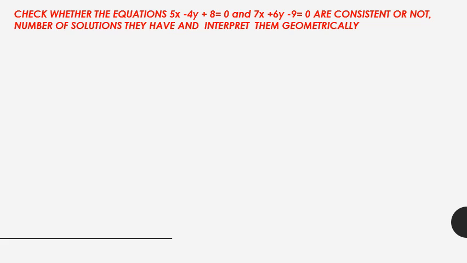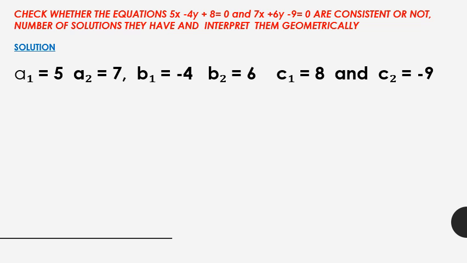Now let us work out this problem. Check whether the equations 5x minus 4y plus 8 is equal to 0 and 7x plus 6y minus 9 is equal to 0 are consistent or not, number of solutions they have, and interpret them geometrically. Solution.